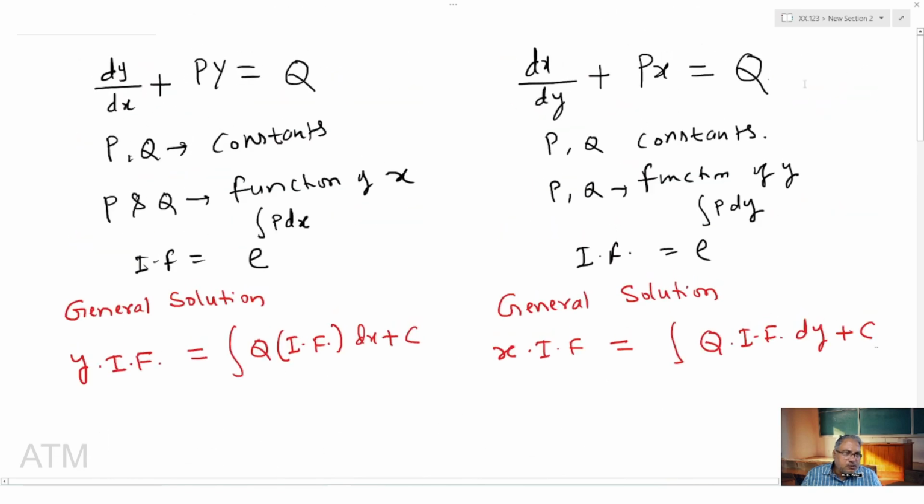The second rule is dx/dy + Px = Q, where P and Q are constants or functions of y, and the integrating factor is given by e raised to the integration of P dy, and the solution is x times the integrating factor equals the integration of Q times the integrating factor dy plus c. So this formula we are going to use.